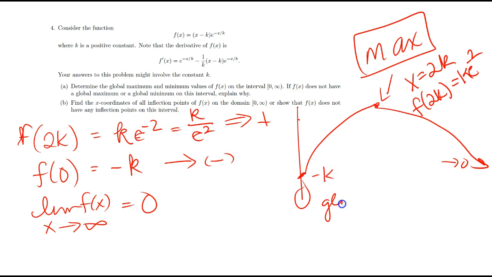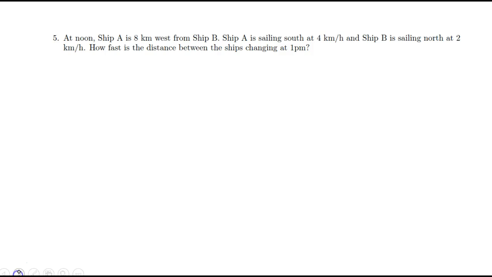So our global minimum on our interval, the lowest value, is at f of 0, which equals negative k. Well, it's a lot of chit-chatting there, but that's not a bad one. You just have to keep it straight. It's good to remember when they say k is a positive constant, that helps us out.